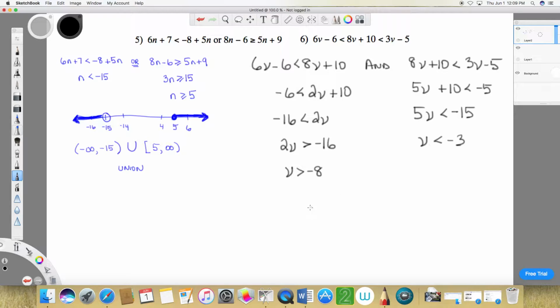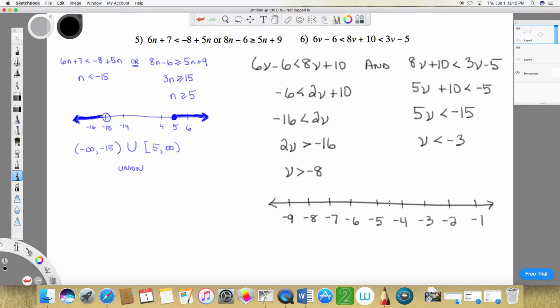So let's take a look at what we have here. Now, I normally don't draw all the tick marks to the next one, but the distance between the -5, -8, and -3 is so close that it's only going to take a second to include these intermediate values.